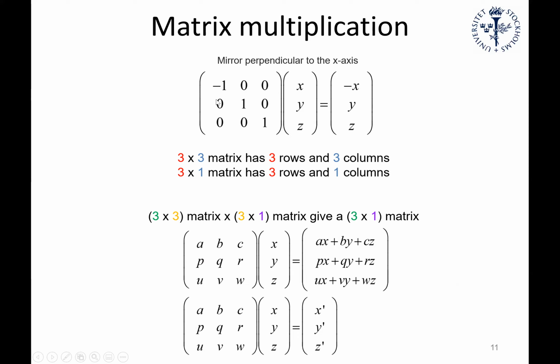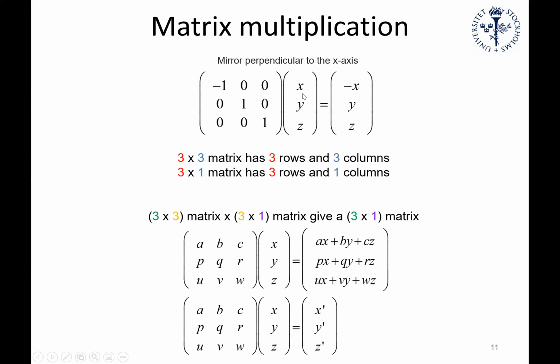Now in the next row, 0 times x plus 1 times y plus 0 times z gives you y. 0 times x plus 0 times y plus 1 times z gives you z. So by multiplying these matrices out, you end up going from the coordinates x, y, z to -x, y, z.